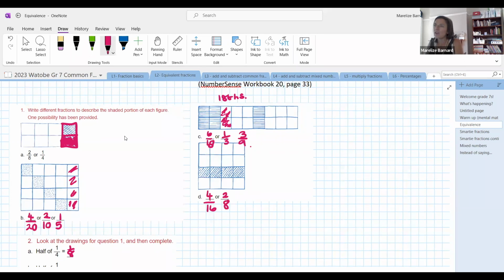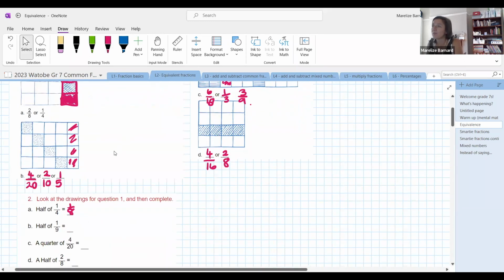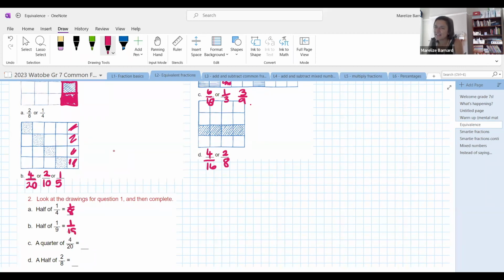So think about this. There we go. Brilliant's got it. So if a quarter divided in half is an 1/8, then a 9th divided in half will be an 18th. That's right. That will be an 18th. Good stuff.